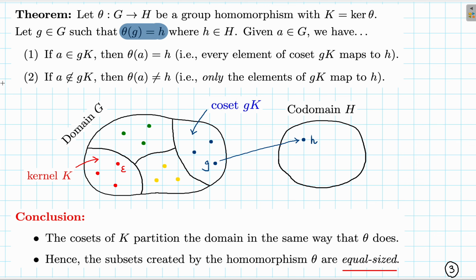And it's because the cosets of the kernel K are all equal sized. And next, we'll discuss the proof of the second part of the theorem. The proof of the first part can be found in chapter 25 of the textbook.